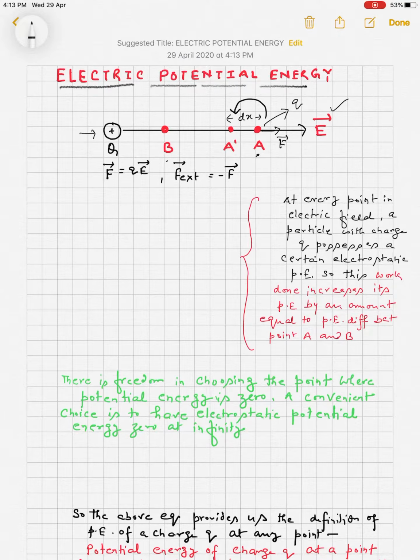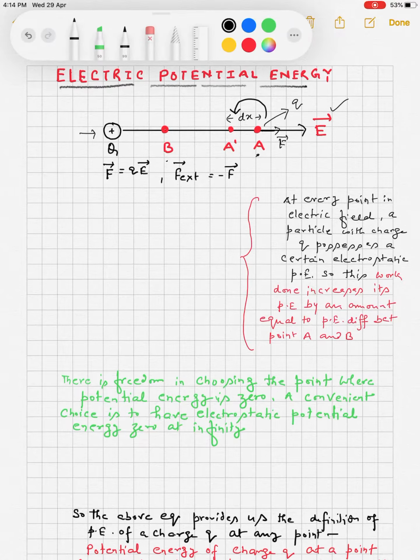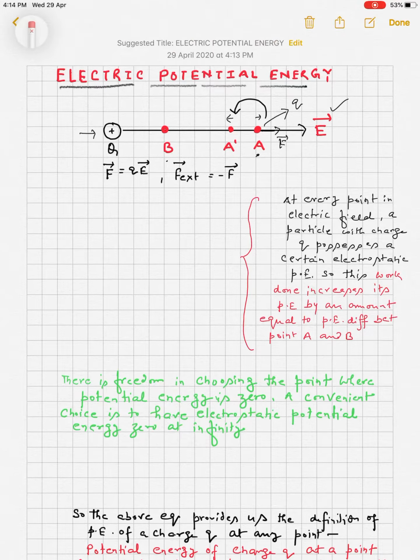Suppose I take this dx as dr. This charge Q is moved from A to A dash by a small distance dr against this electric field. So the work done by the external force, dW, is equal to F external vector dot dr vector, by the definition of work done.